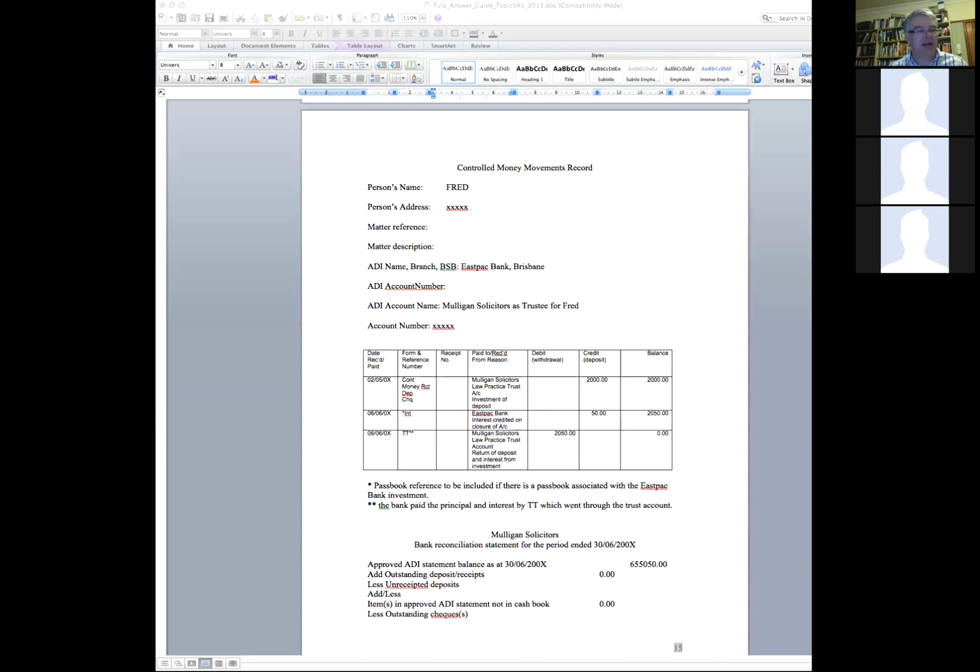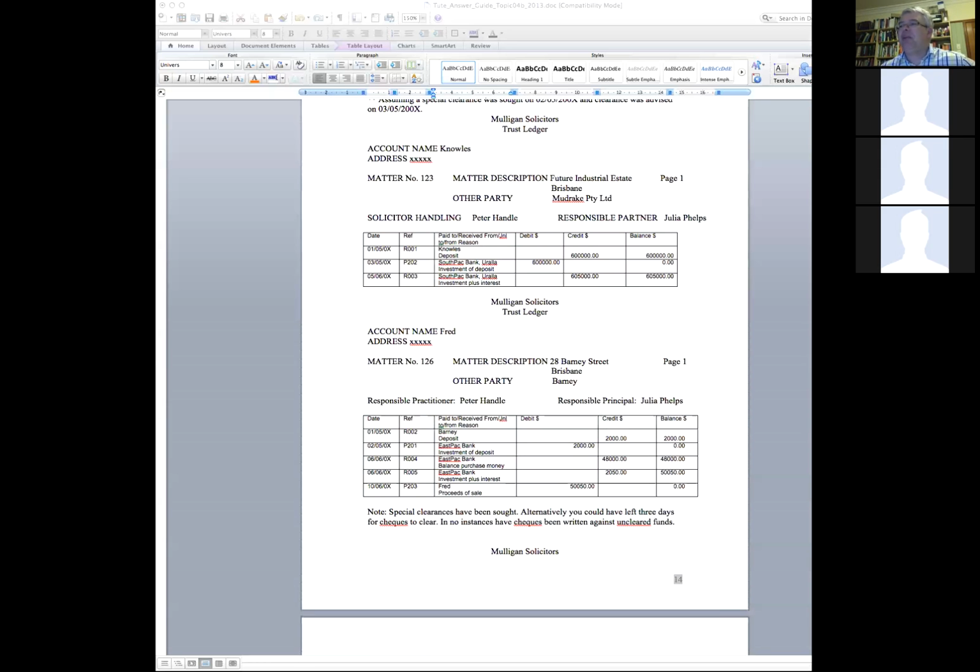So what these records are doing is keeping track of where the money's gone, the interest that's earned on it, and the dates on which it was paid or received, and the form, whether it's a telegraphic transfer, cash, check, whatever it is.